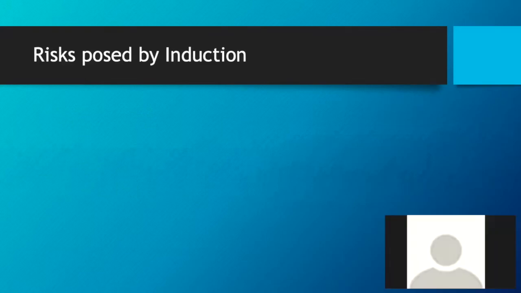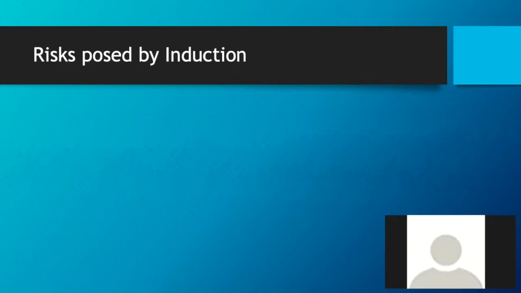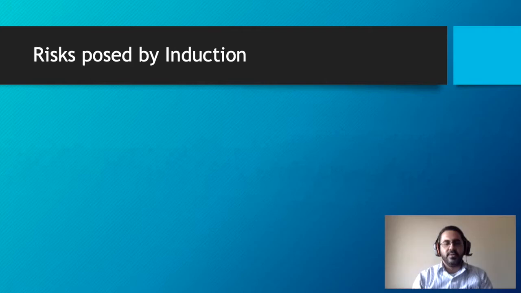Let's think about induction. What risks can a baby face from the induction process? I guess the risk of hyperstimulation, or tachysystole having an adverse effect on the baby's well-being. Okay.